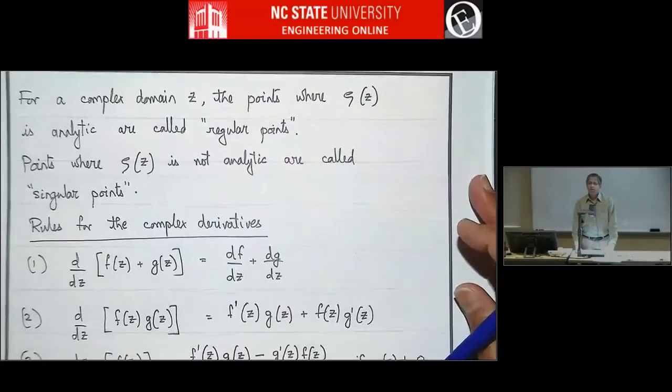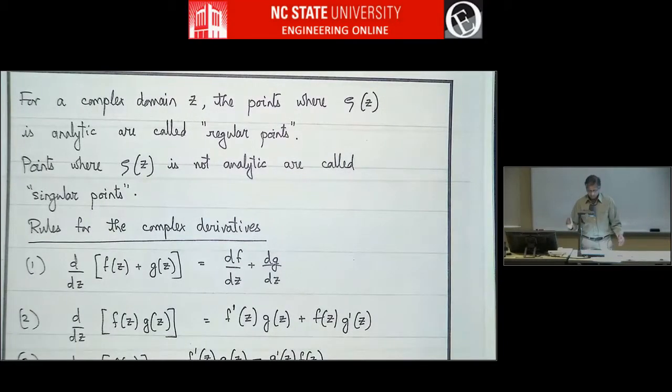For any complex domain Z, the points where zeta of Z is analytic are called regular points. But sometimes there will be points at which the function is not analytic. Even when we did vortex and source, we saw that some laws are satisfied except at the source or the vortex, like continuity.